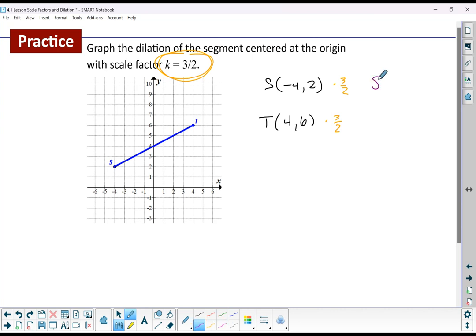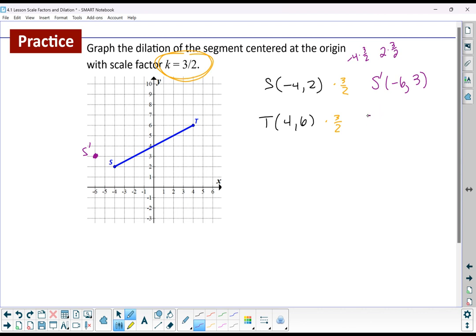So S prime is going to be located at -6, 3. Again, I just did -4 multiplied by 3/2 and 2 multiplied by 3/2. You want to multiply both the x and the y coordinate. So let's plot that, -6, 3, that's S prime.